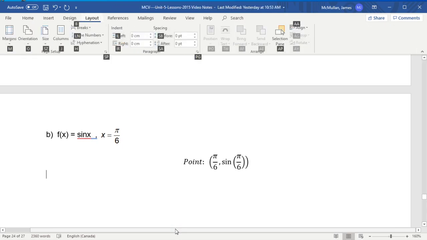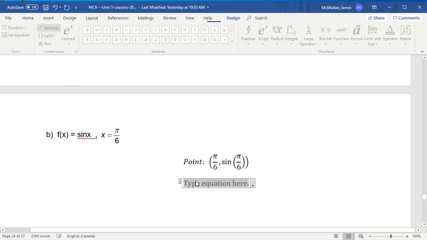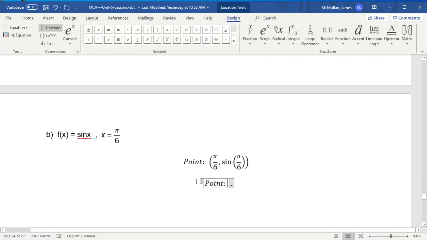And that point, of course, pi over 6 is the first angle on the way up for sine. So it's 1/2, right? So our point is pi over 6 and 1/2, right? So that's the value of sine pi over 6.